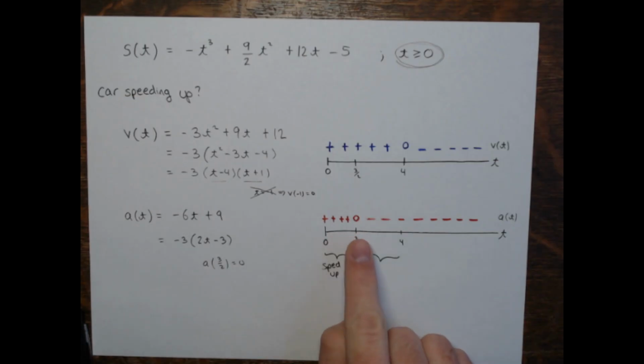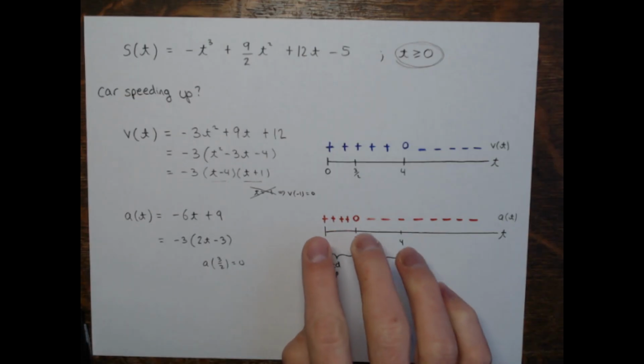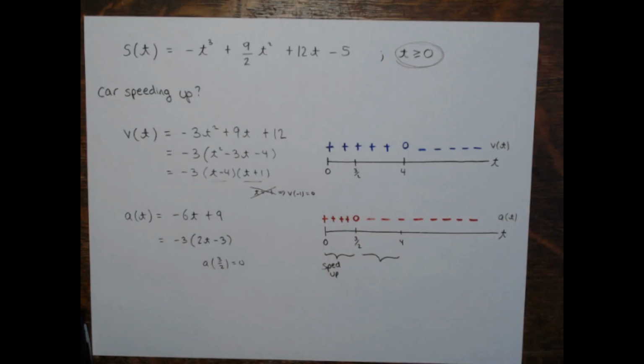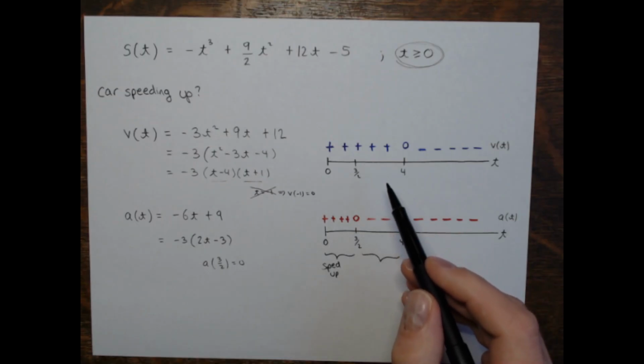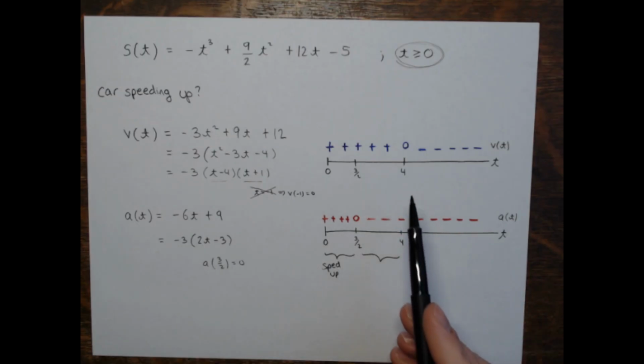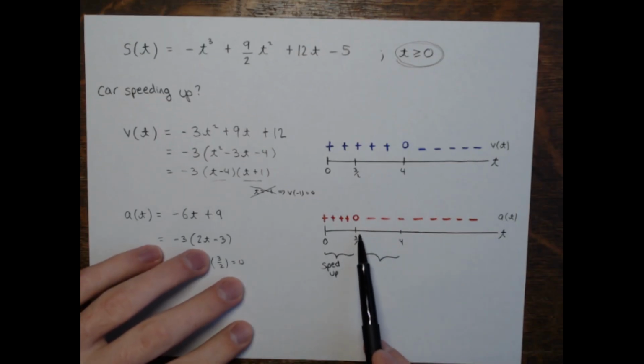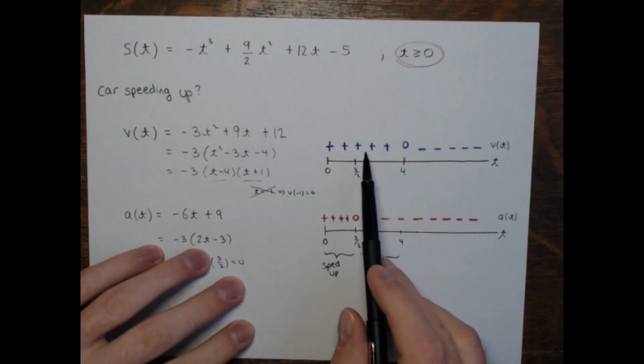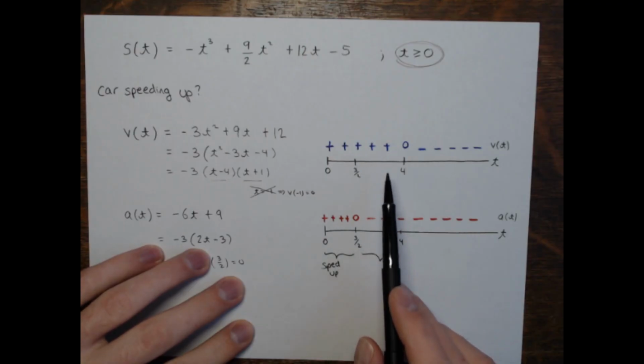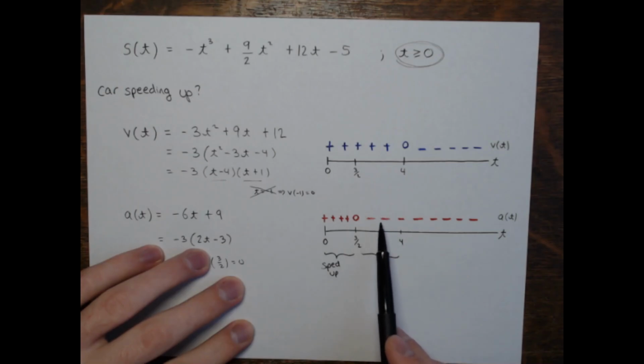So after 1.5 seconds, the wind goes from blowing to the right to blowing to the left. But if you compare the velocity and acceleration between 1.5 seconds and 4 seconds, the velocity is positive, so the car is moving to the right still, but now the wind's blowing the other way, against the car, so you'd be slowing down.